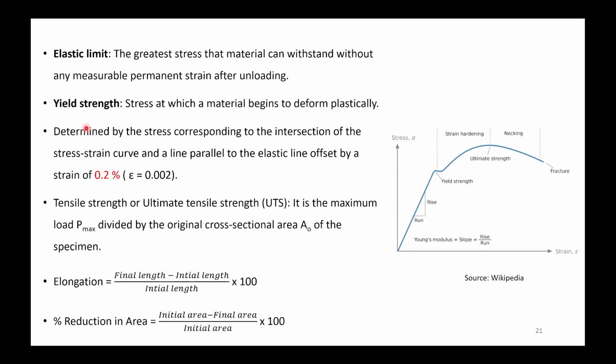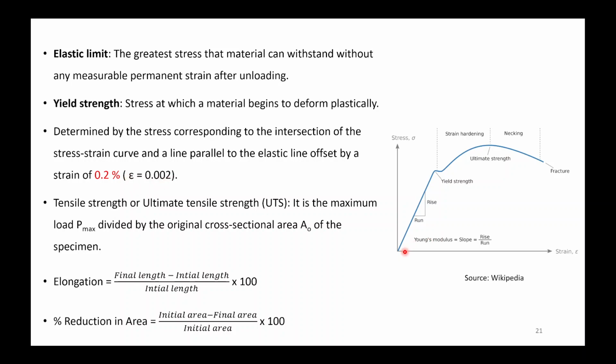And so for yield strength, sometimes we also use the 0.2% offset method. It is determined by the stress corresponding to the intersection of the stress strain curve and a line parallel to the elastic line offset by a strain of 0.2%, which is 0.002 strain.